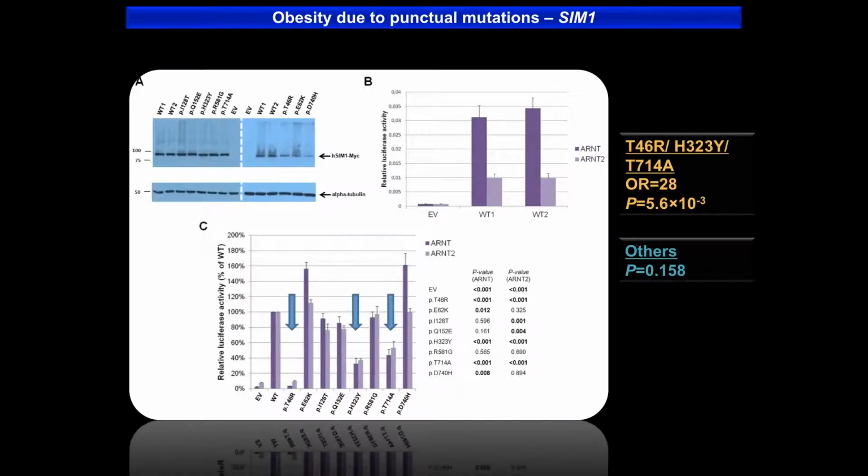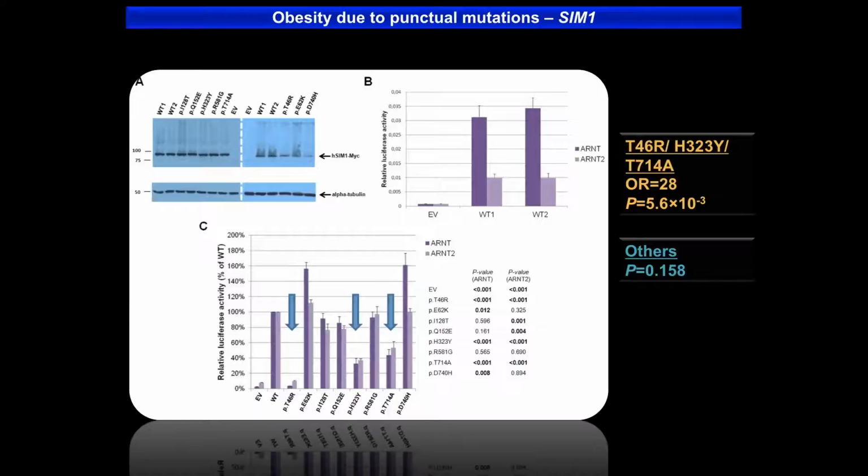That was not easy, but we eventually succeeded, and we found that only 3 mutations had a functional effect. We did the calculation again, and we found that only the mutations with a functional effect were truly associated with obesity, with an odds ratio of nearly 30. So it's quite important. The others were not associated with obesity.